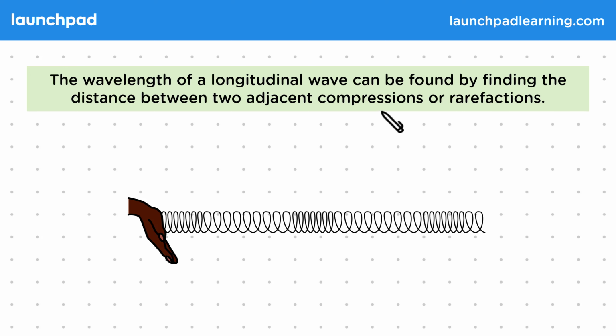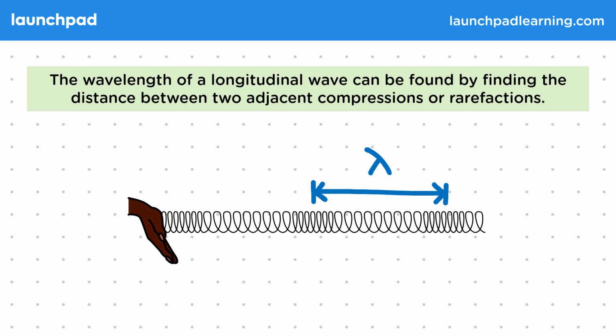Remember that we can define a compression as a point where the matter of the wave is bunched together, for example, here and here. At both of these points, we have coils from either side stopping at their maximum displacement and are about to move back to their equilibrium positions. So we can call these equivalent points, and we can measure the distance between them to find the wavelength.